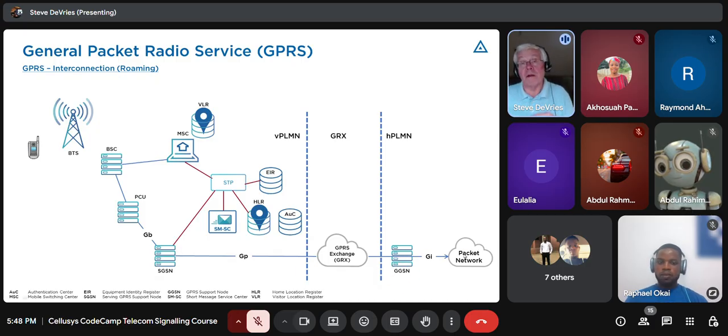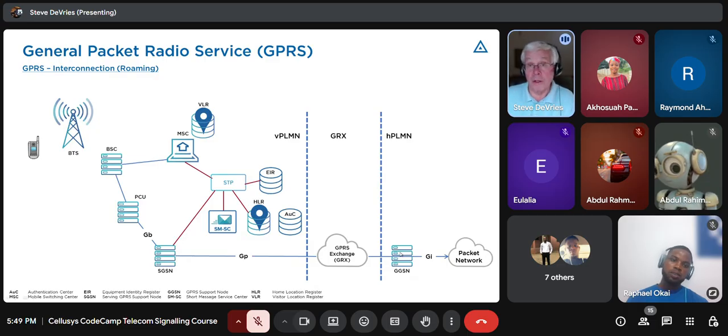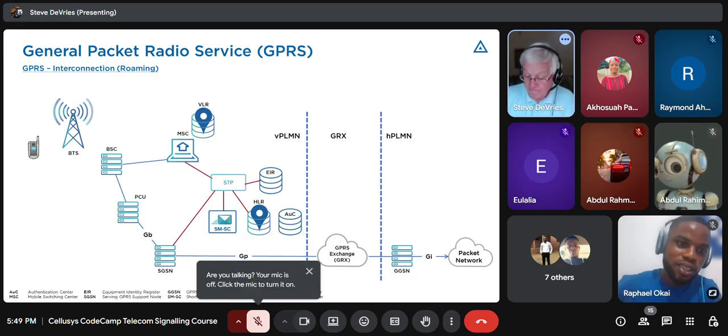And then you access the packet network from the home system. So again, this is your home network in Accra. You fly over to Dublin, you use your phone to call someone, you're going to use the local network. You do www anything, you're going to go through here and get tunneled back to Accra. That's called home routing.